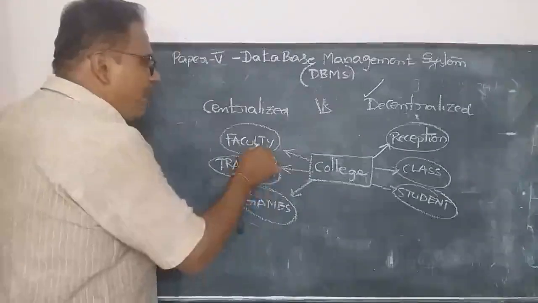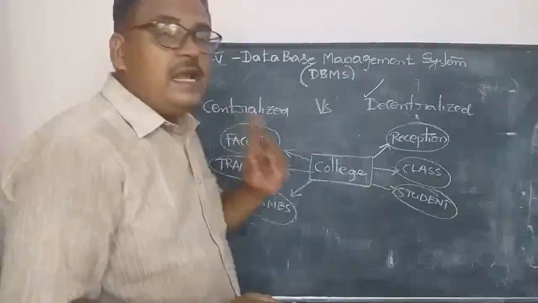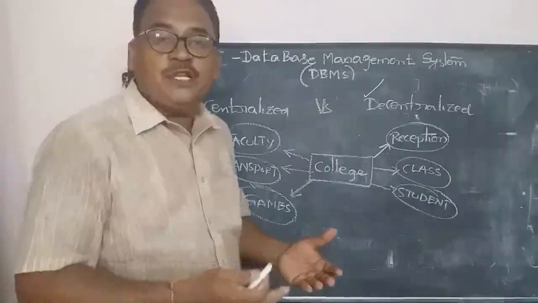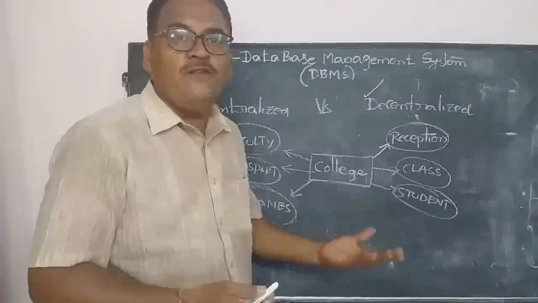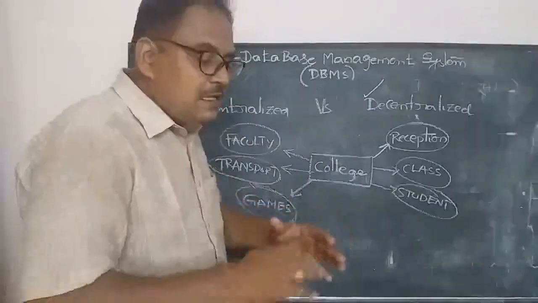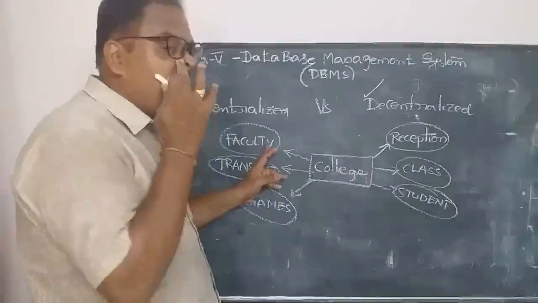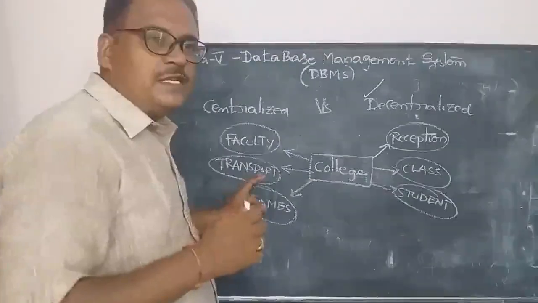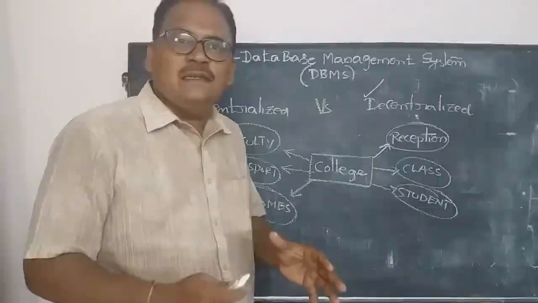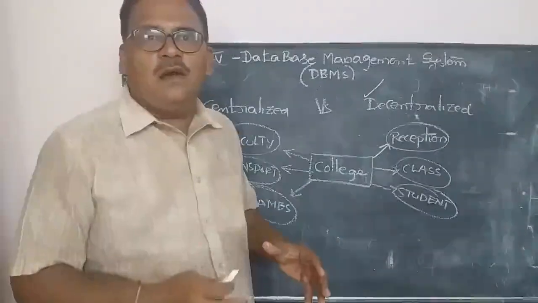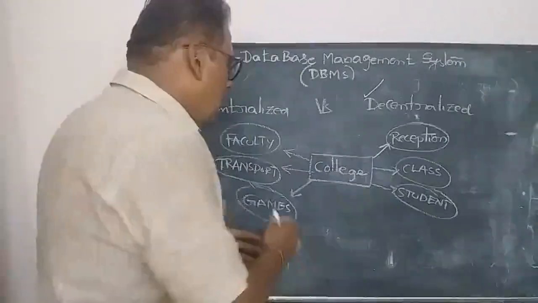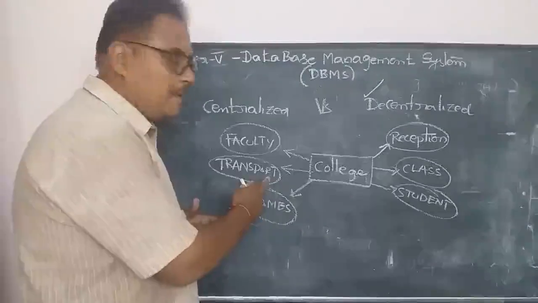And next, the faculty entity contains information about the faculties, that is faculty name and specialization, mobile number, qualification, experience, the salary he is drawing from the college. And in transport, how many buses exist in the college, location, route maps, bus numbers, drivers' information, entire things are maintained.